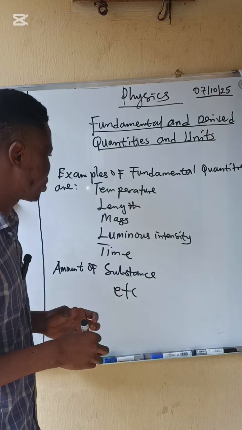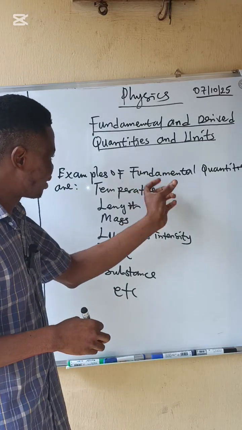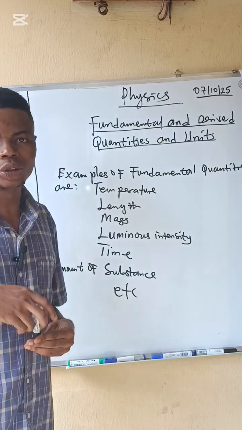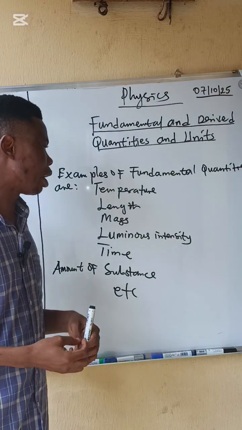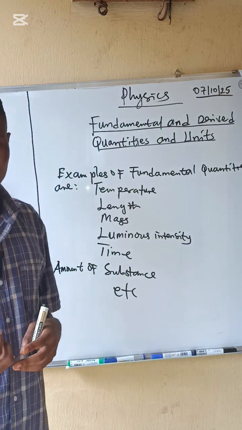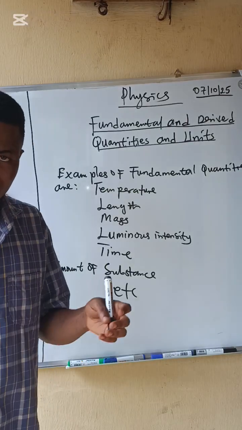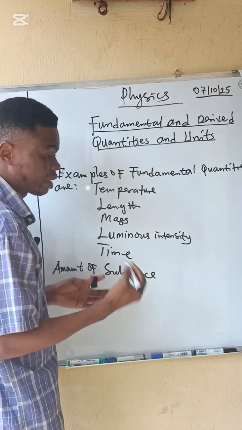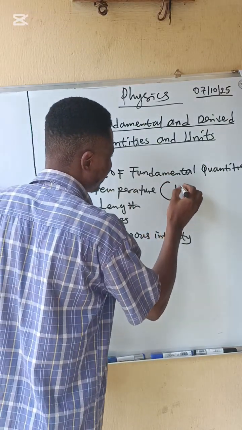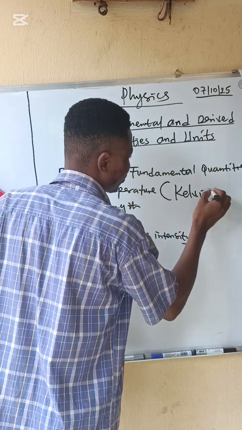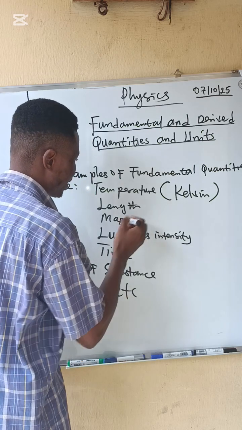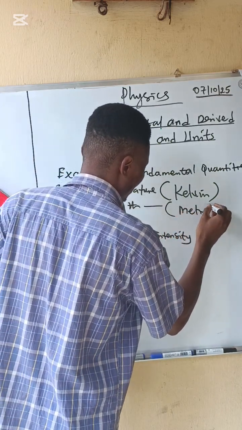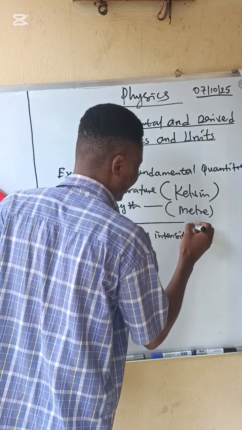What are fundamental units? It is still the same thing as fundamental quantities. Fundamental units are those units that do not depend on other physical quantities for them to have their own units. For example, the unit of temperature is Kelvin. The length is in meter. The mass is kilogram.